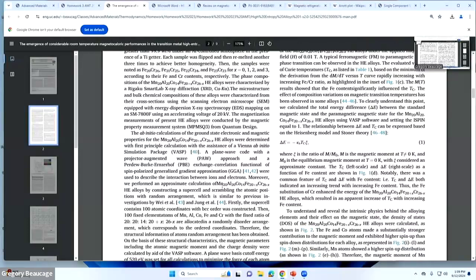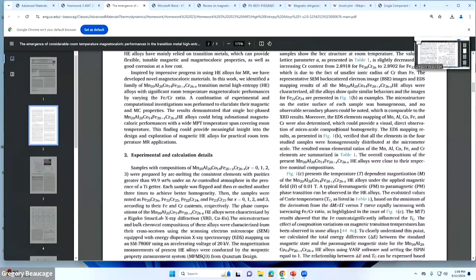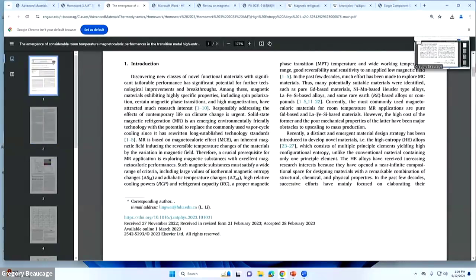They're so brittle you can't use them. He lists the other options here, which are lanthanide, iron, silicon alloys, which in order to use them, they put them into an epoxy polymer, because otherwise it's just a powder and won't make a solid object. So the others all have problems.